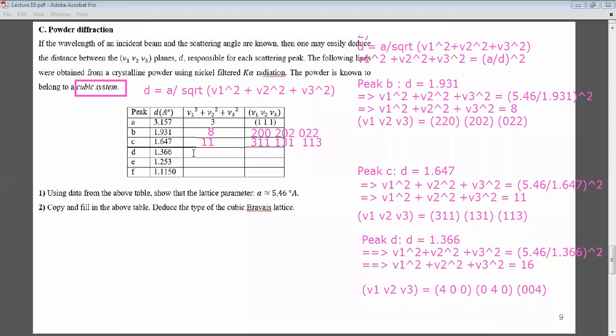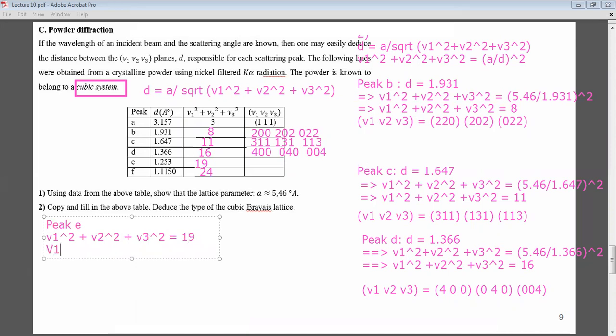So here we found this number, 16, and we found these peaks to be 400, 040, and 004. If you do the remaining ones, you will get 19 for E, and 24 for F. So for example, peak E, V1 square plus V2 square plus V3 square equal 19.